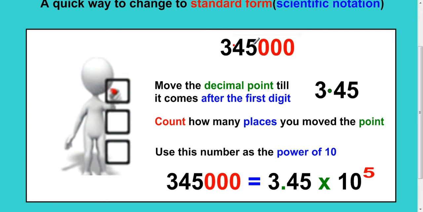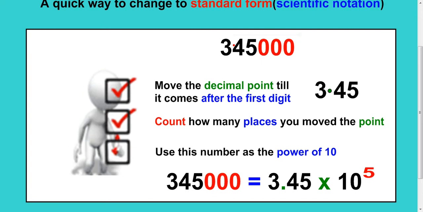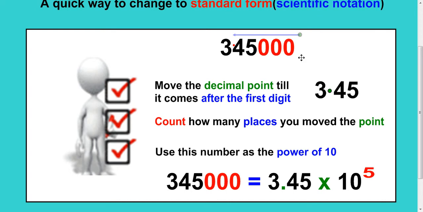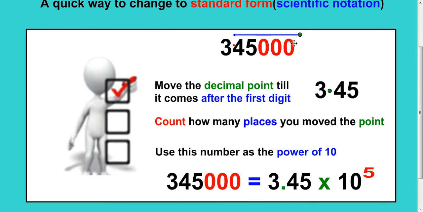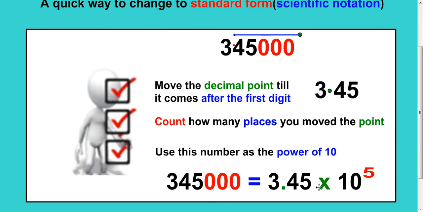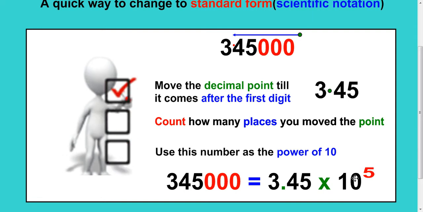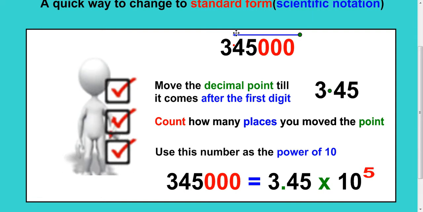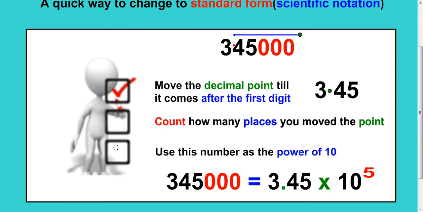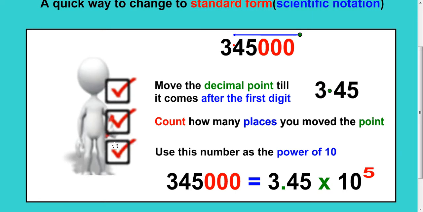In this case 1, 2, 3, 4, 5. Or you can start at the end and go to the front, but it's 5 jumps. And that's your power. So it's always times 10, and then the power is the number of jumps the decimal point has to make.